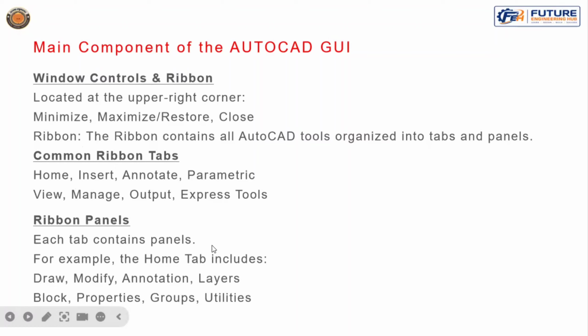Each tab contains panels. For example, the home tab includes draw, modify, annotation, layer, block, properties, group, utilities, and clipboard.